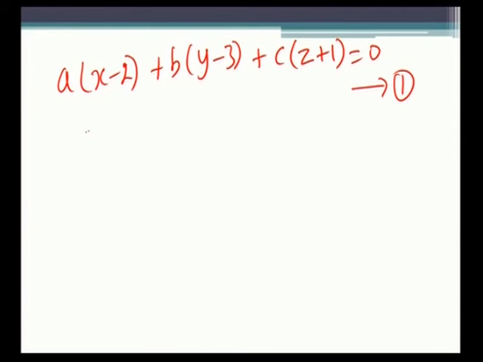According to the problem, this plane, equation 1, is perpendicular to OP.